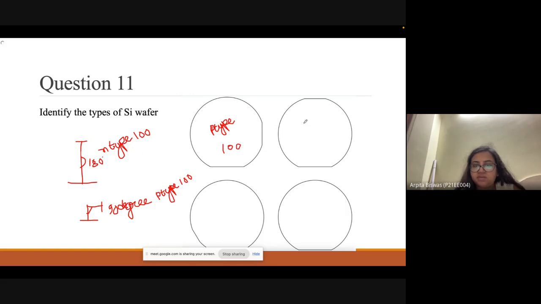And this one at 180 degrees is N type 100.